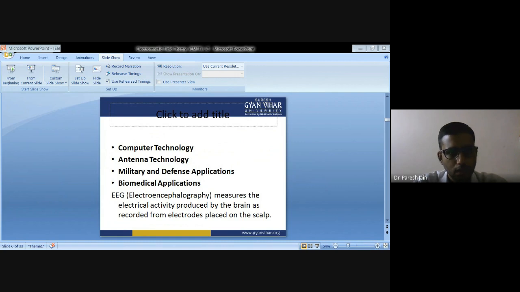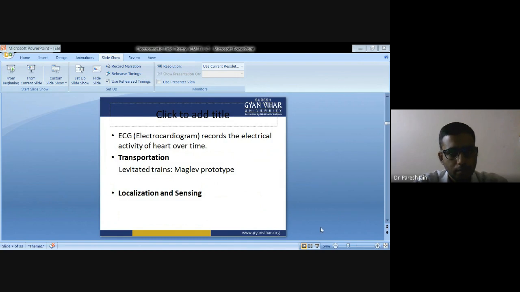This is used in the EEG, electroencephalography, which measures the electrical activity produced by the brain as recorded from electrodes placed on the skull. The next application in the biomedical field is the ECG, electrocardiography, which records the electrical activity of the heart over time.